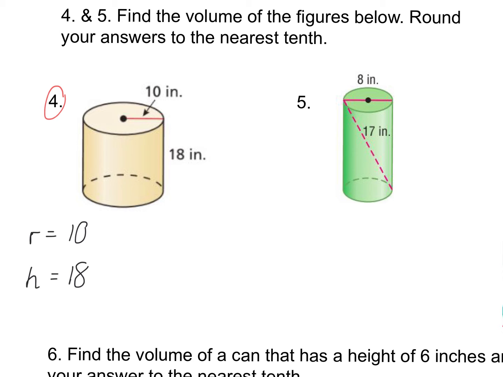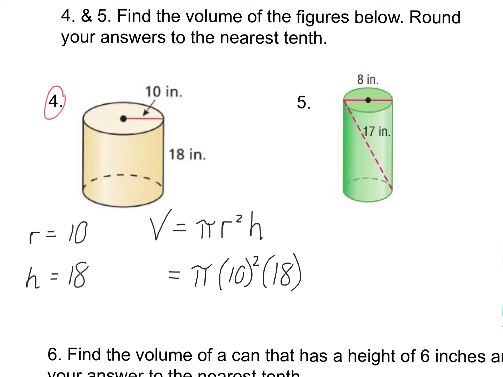Now, just to recall, our formula for the volume of a cylinder is going to be pi r squared times the height. So it looks like I have all the information I need, so let's plug that in. I'm going to keep pi as that constant. We have r squared, which is going to be 10 squared, times h, which is 18.